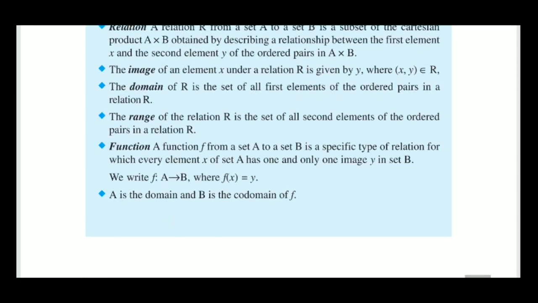And a particular type of relation from A to B is called a function, if each element of A has only one image in set B.